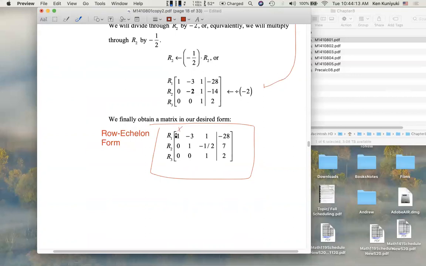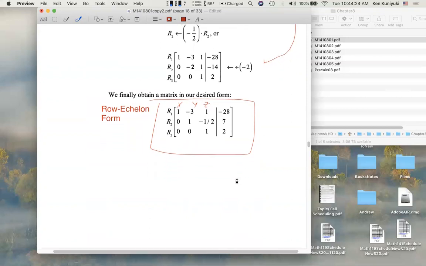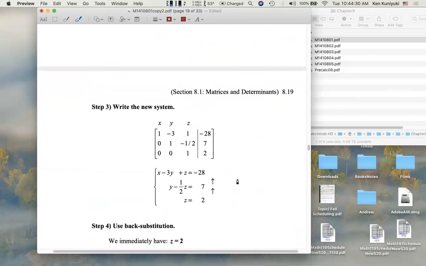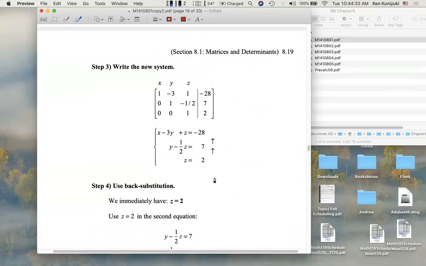These are the coefficients for x and y and z. All right. So we write the new system in terms of x, y, and z.